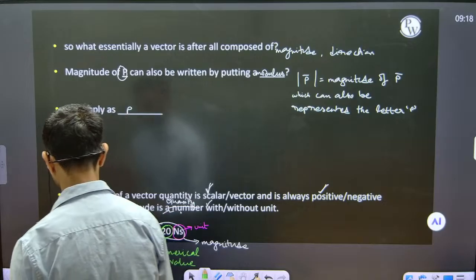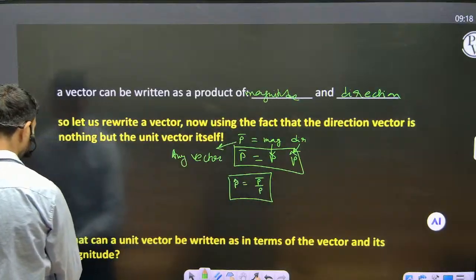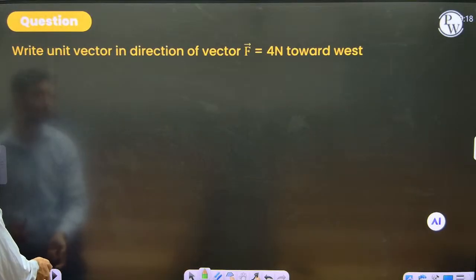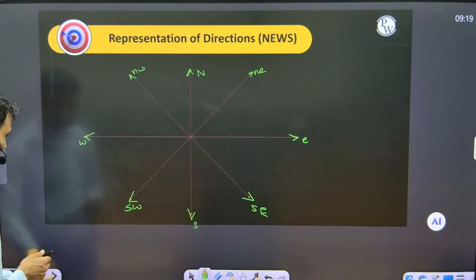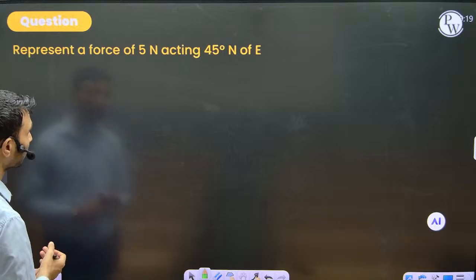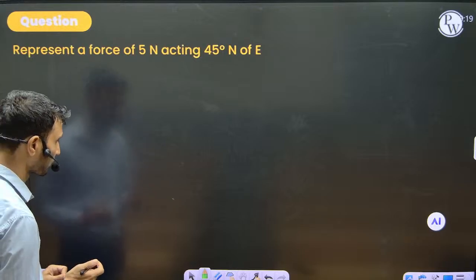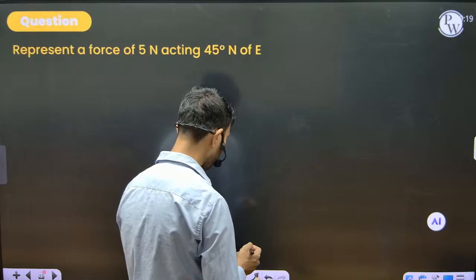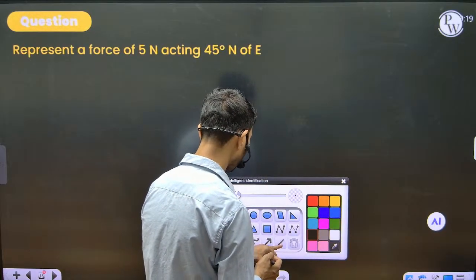Okay, so next. Represent a force of 5 Newton acting 45 degree north of east. So let us say that you have this coordinate axis.